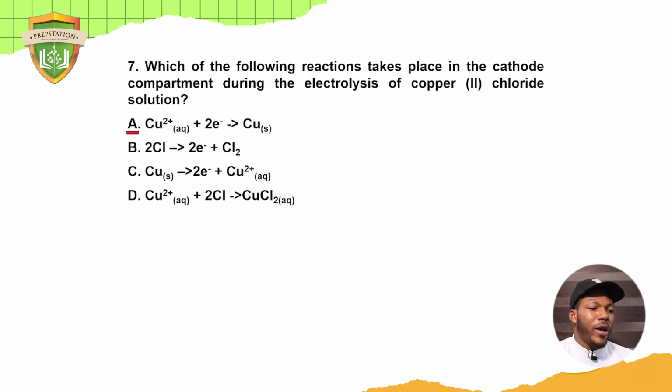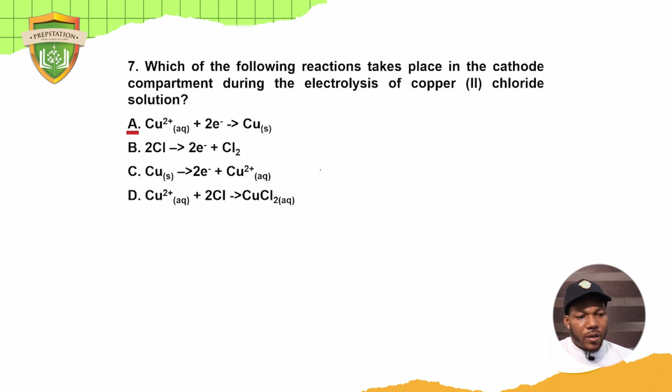Which of the following reactions takes place in the cathode compartment during the electrolysis of copper 2 chloride? First of all, you must know what a cathode is. A cathode is a negatively charged electrode that attracts positively charged ions.